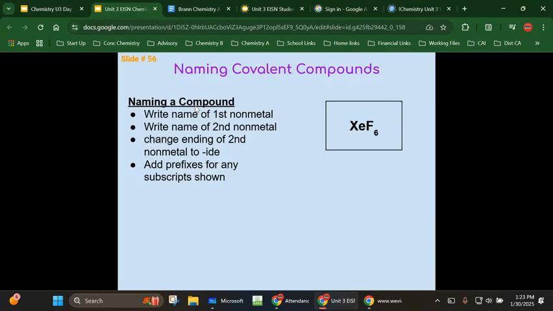Well, I hate to tell you this, ladies and gentlemen, but for every rule in chemistry, there's an exception, and there's no exception to that rule. The noble gases don't combine under 99% of the circumstances. I will never give this to you on a test. This should not exist.